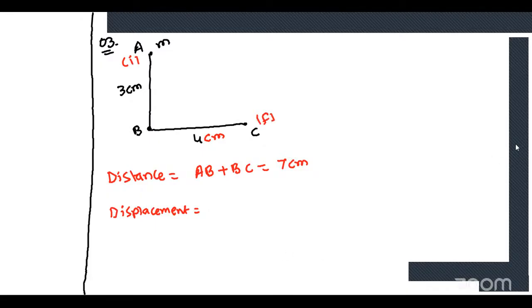Initial position to final position means from A to C. By using the Pythagoras theorem, I can say this is 5 centimeter. So displacement is 5 centimeter. So I can say in this case, displacement is less than distance.